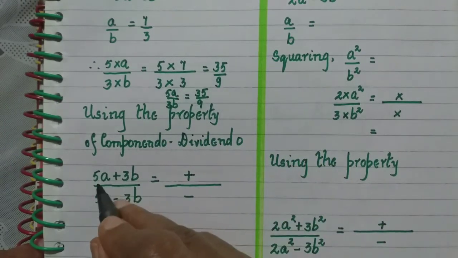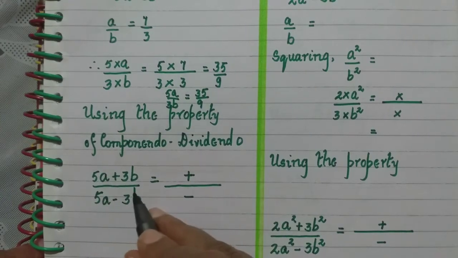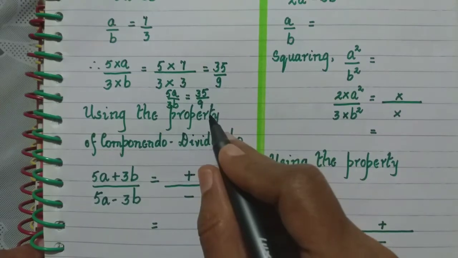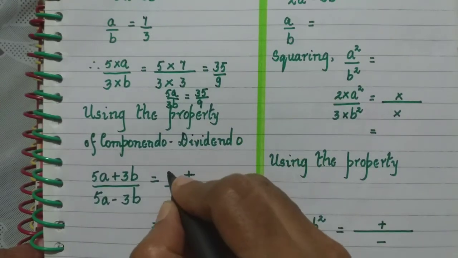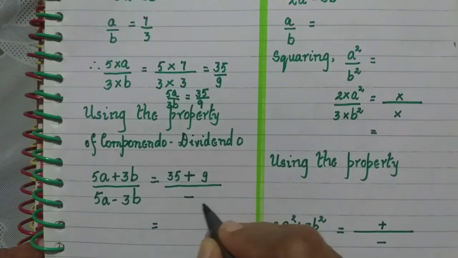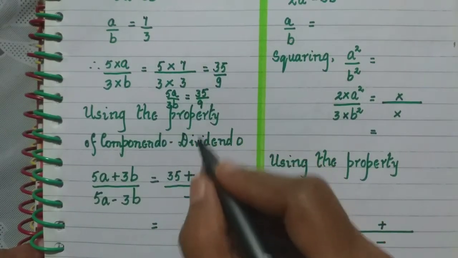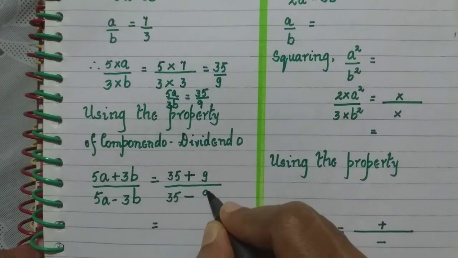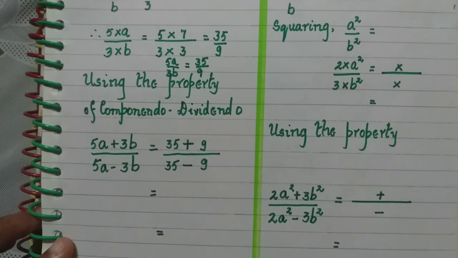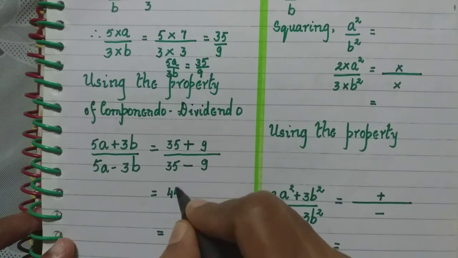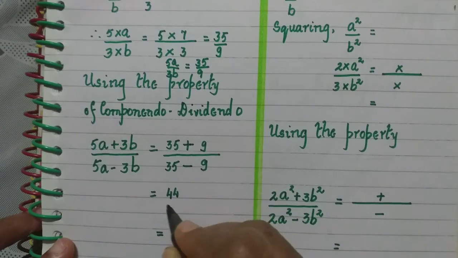So this becomes (5a plus 3b) upon (5a minus 3b) is equal to (35 plus 9) in the numerator upon (35 minus 9) in the denominator. Now 35 plus 9 is 44 and 35 minus 9 is 26.